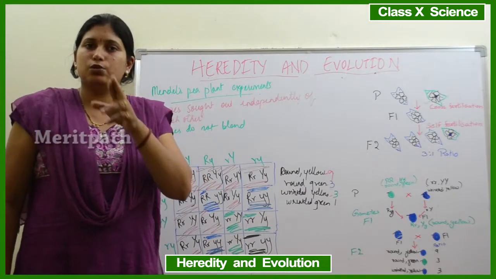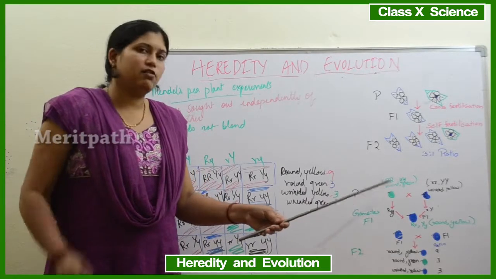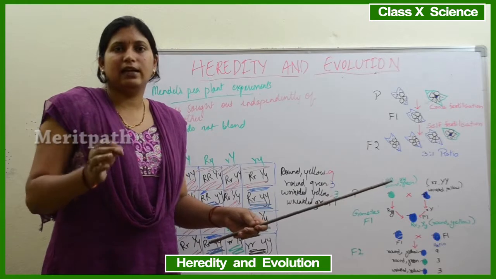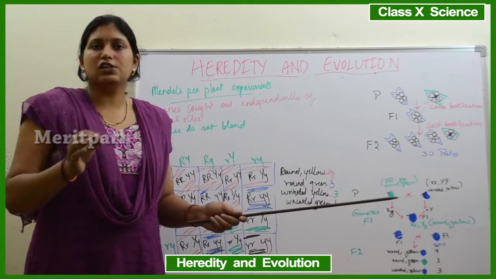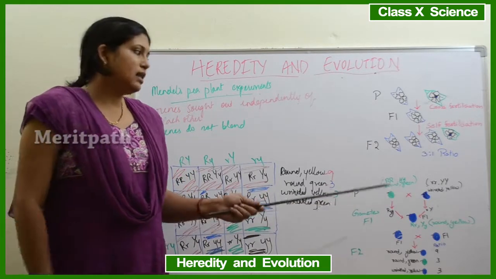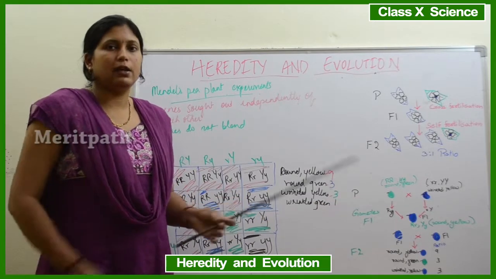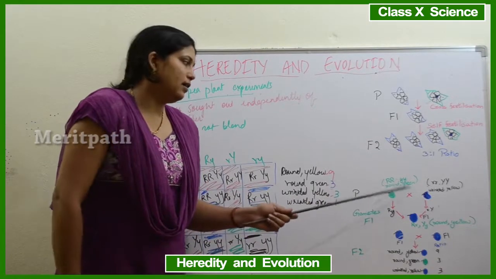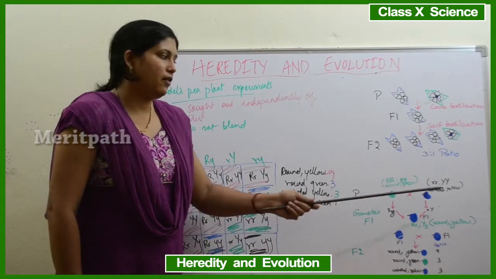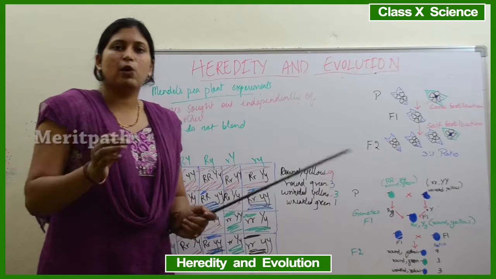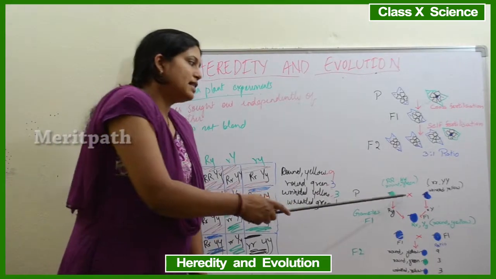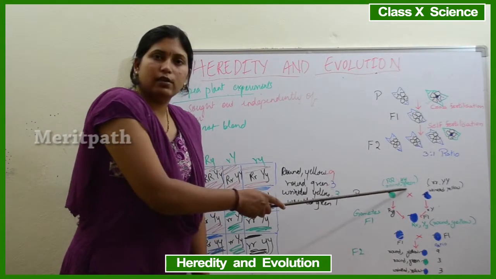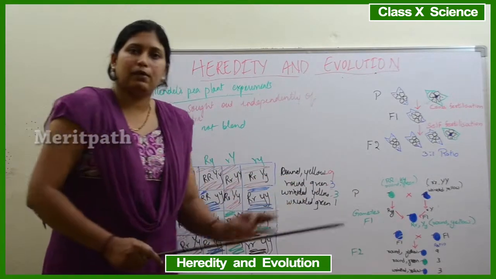He took a plant with round shaped seed and green colored seed, and the next one with wrinkle shaped seed and yellow colored seed. He cross-pollinated them. The parent plant had round and green, that is capital R small y, and wrinkled and yellow is indicated with small r and capital Y.